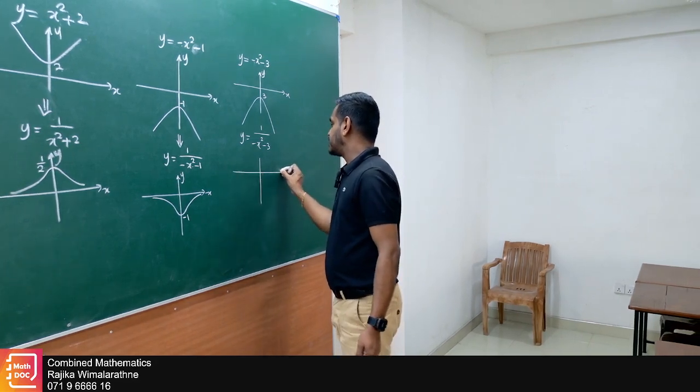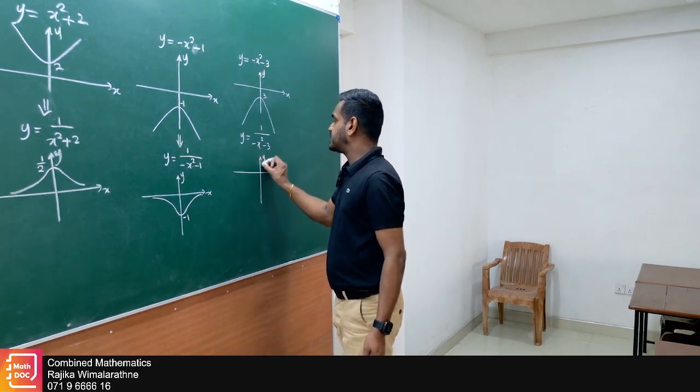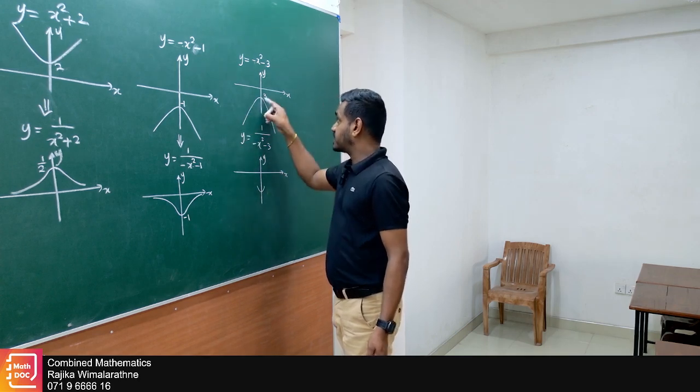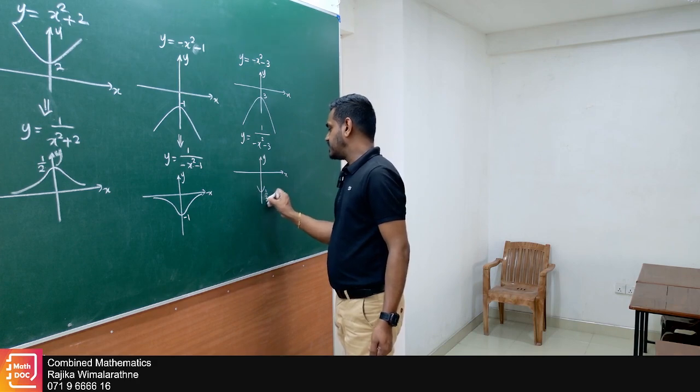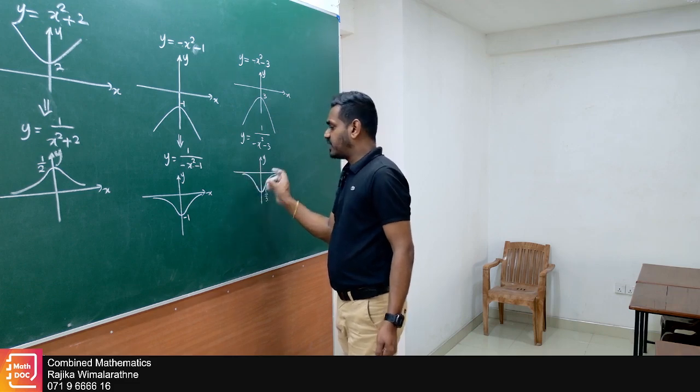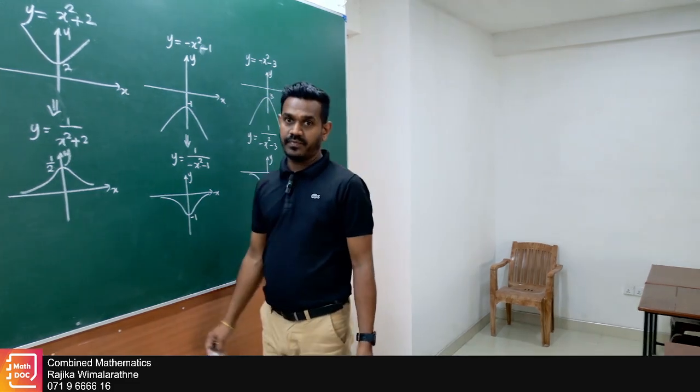Now see this, x-axis, y-axis. Here maximum you change to minimum. Here minus 3's reciprocal is minus 1/3. Here infinity goes to 0. All reciprocal functions have a similar shape.